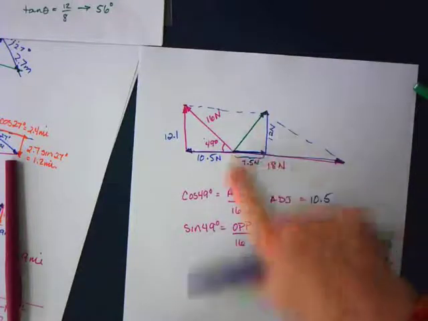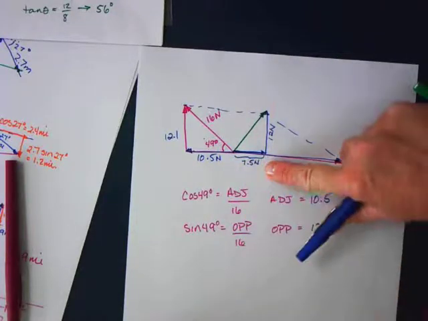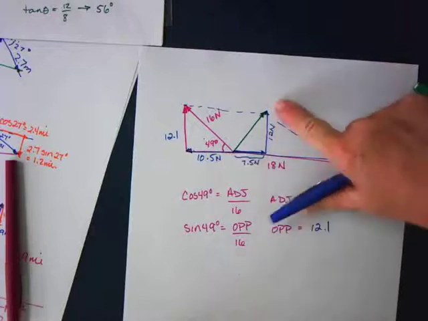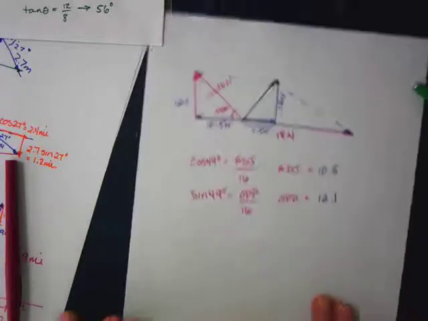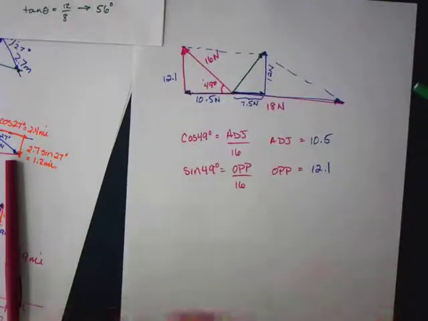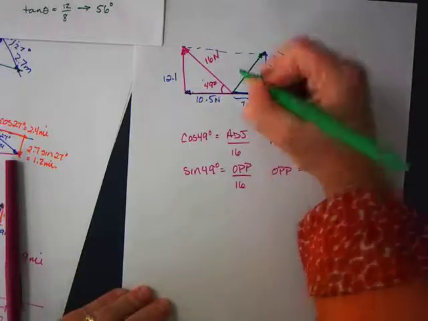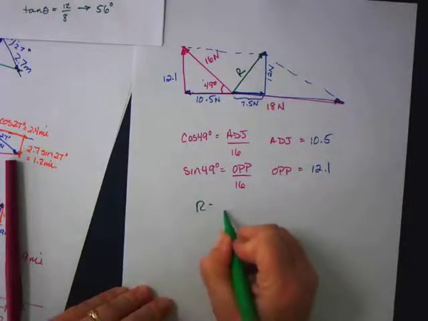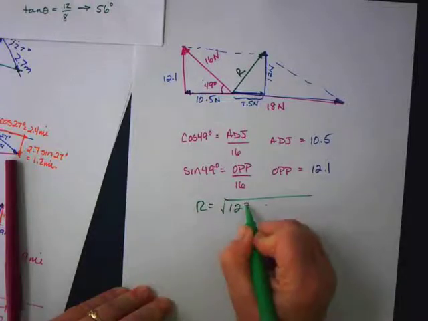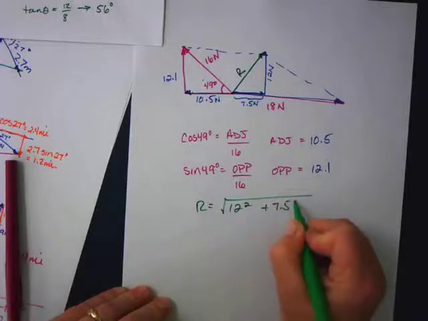That'll fit right in there, won't it? Because it's that same vertical. If I said you have a right triangle that's 7.5 horizontally, 12 vertically, could you find the hypotenuse? Use the Pythagorean theorem. So go ahead and do that. Call that R for resultant.